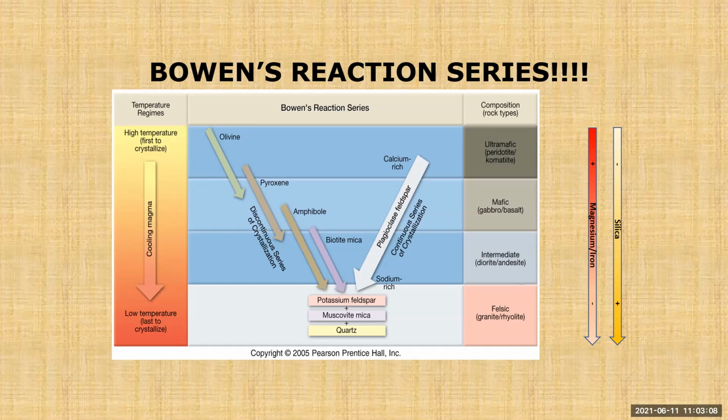And I'll note that komatiite as an extrusive igneous rock is really, really rare. The reason why I point that out is because it helps us make some connections with Bowen's reaction series.